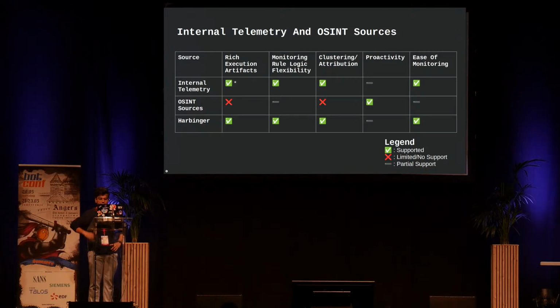But other than that, we are ticking all the boxes. We have decent monitoring rule flexibility. You can write a decent rule in C, or you can use the powerful pattern matching of Yara. You have ease of monitoring, a single dashboard where everything can be looked at. You have rich execution artifacts, which you cannot usually have because rich artifacts come at the cost of performance.